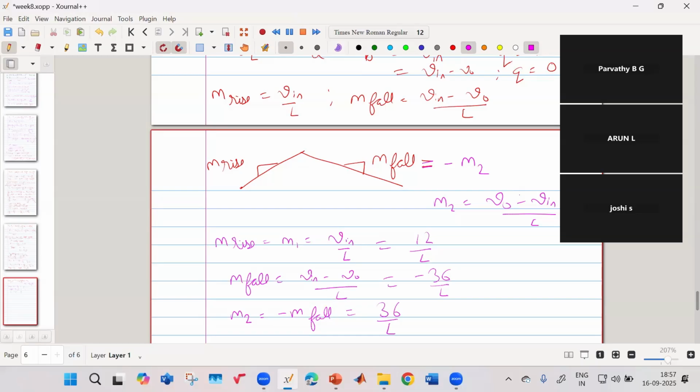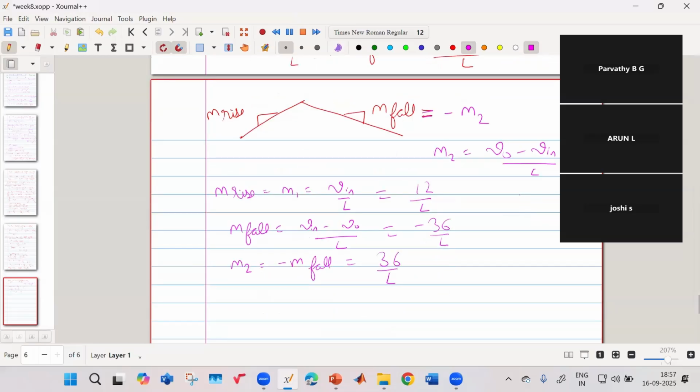So when we are doing the modeling, why we have used the opposite notation is, we want to say that over here your current is rising. So this is your M1. It is clear, it's positive. It will always rise. But in the case of the falling slope, we want to signify that it is falling.